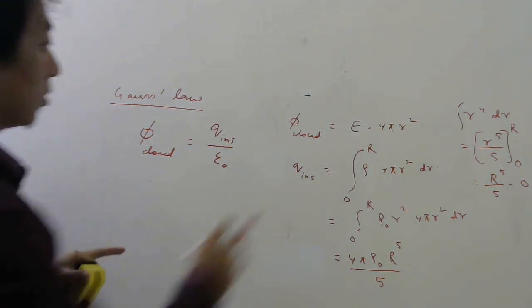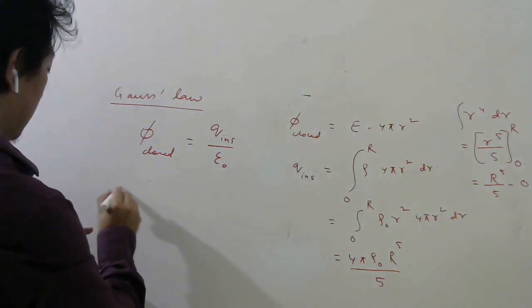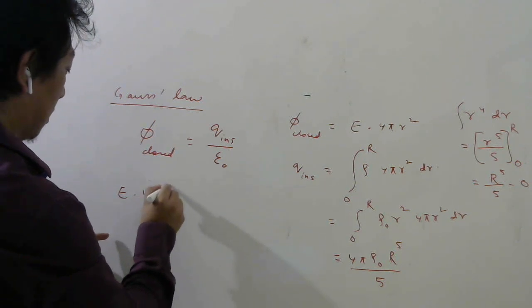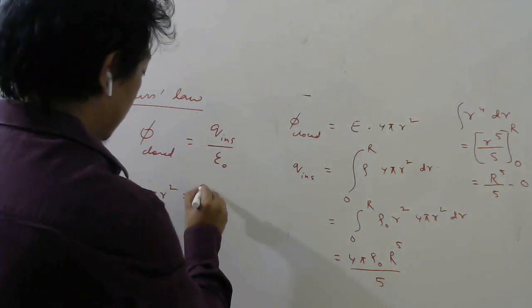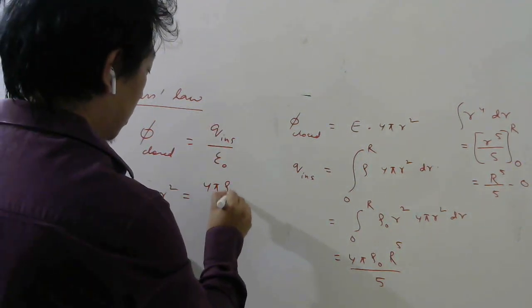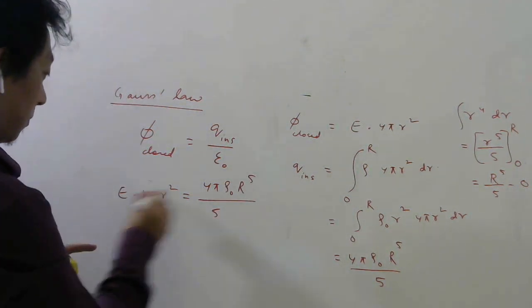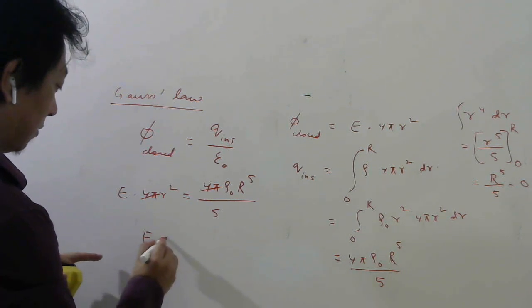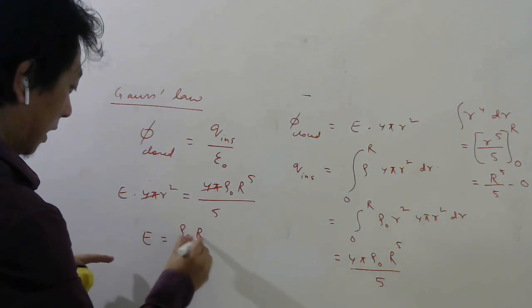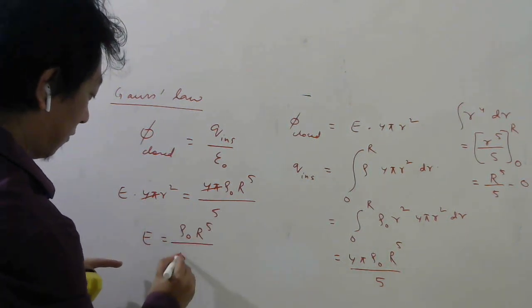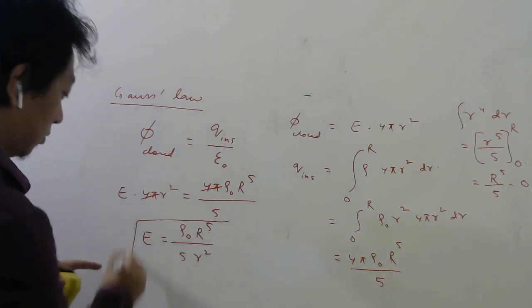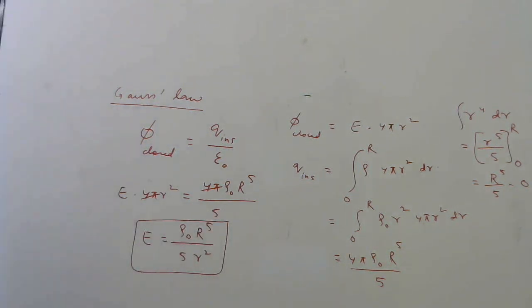Total flux through the closed surface, how much did we get? E into 4 pi r square. And total charge inside is 4 pi rho naught R power 5 by 5. 4 pi cancels, so E will be rho naught R power 5 by 5 epsilon naught r square. So this is the electric field outside.